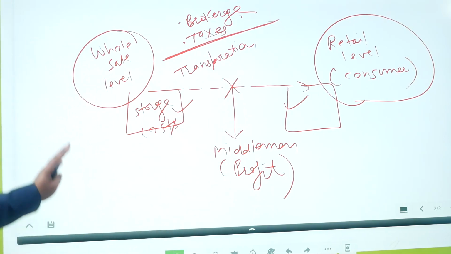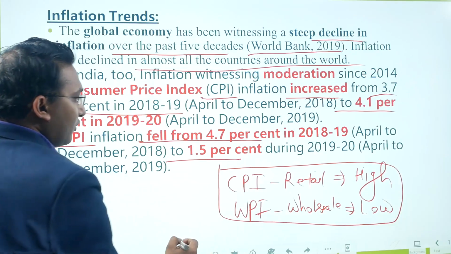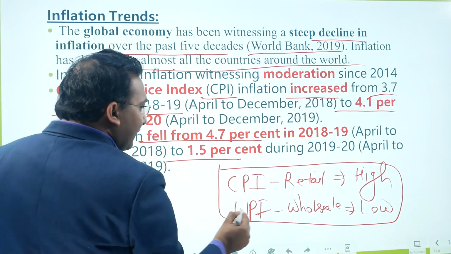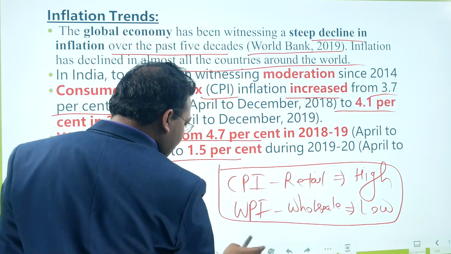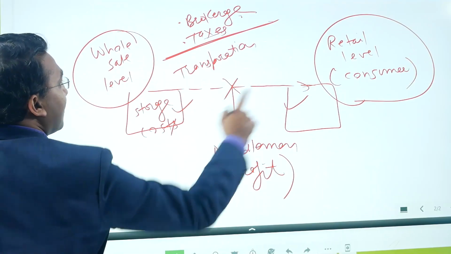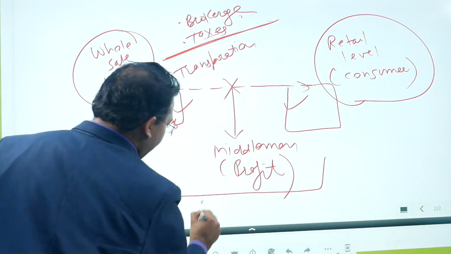That means if we see this phenomenon that wholesale prices are low and retail prices are high, that means these costs are comparatively higher.